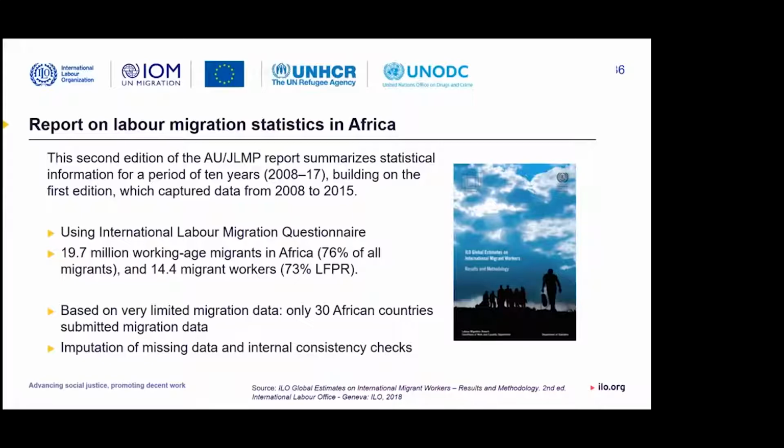That figure might differ very slightly from the figures in the ILO's global estimates, depending on the data submitted by national offices, on slight variations in estimation procedures, and in ways of estimating missing data. But it could also differ because it's based on very limited migration data.